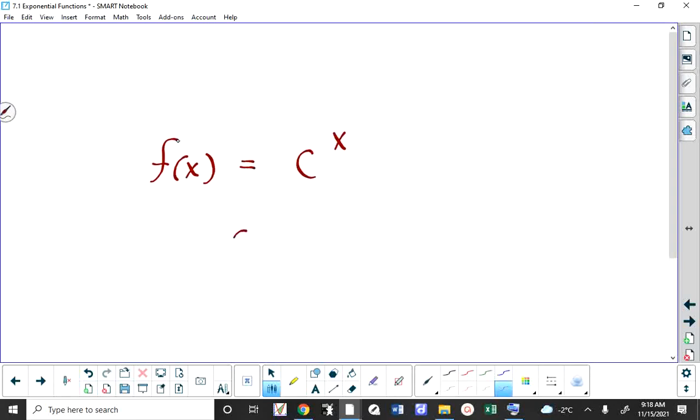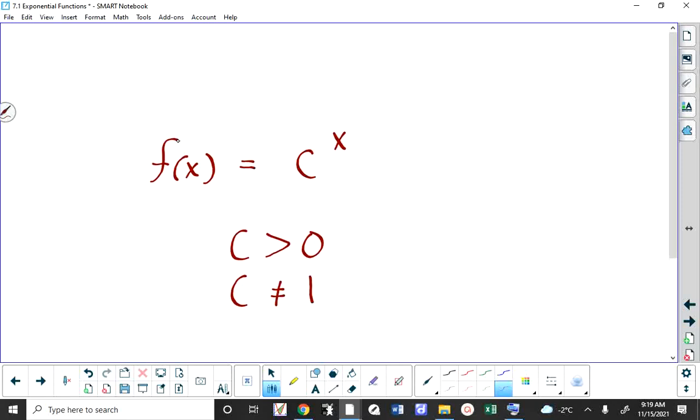We said that the base must be greater than 0. So the base is not allowed to be negative. The base is not allowed to be 0. We said that the base was not allowed to be 1. Having a base of 1 would make no sense. Your function would be y equals 1 to the x, which reduces to y equals 1.